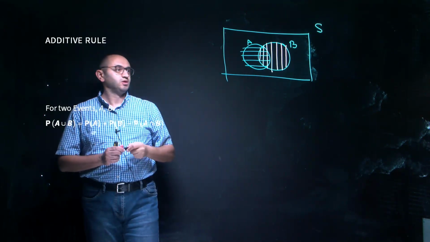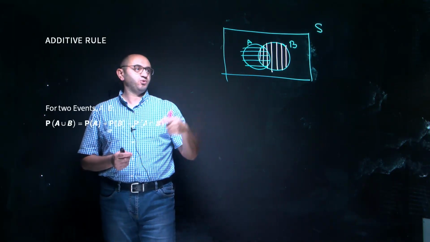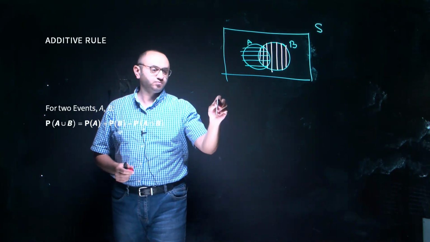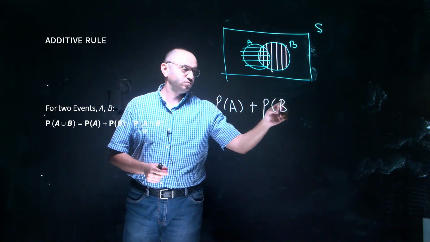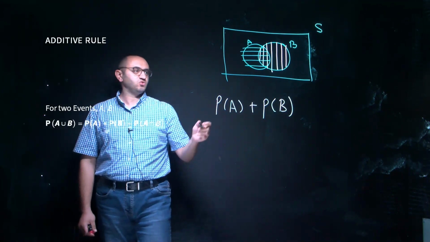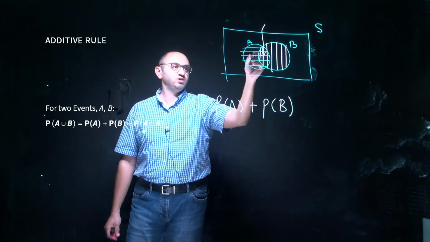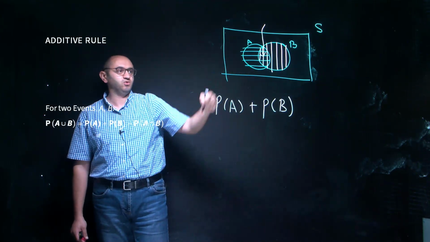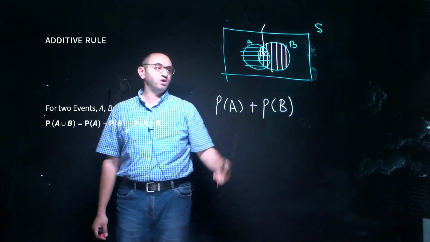Now, if we just add probability of A plus probability of B, in this case, we double count the overlap. This part is the intersection or the overlap between A and B. As you see, we count this twice.